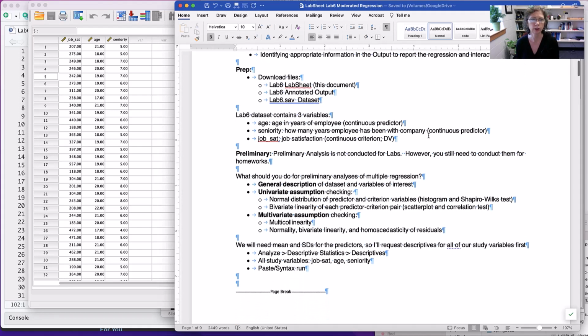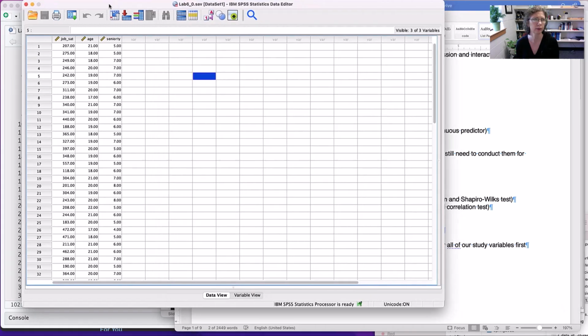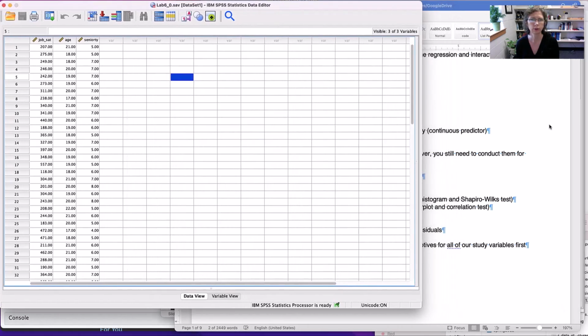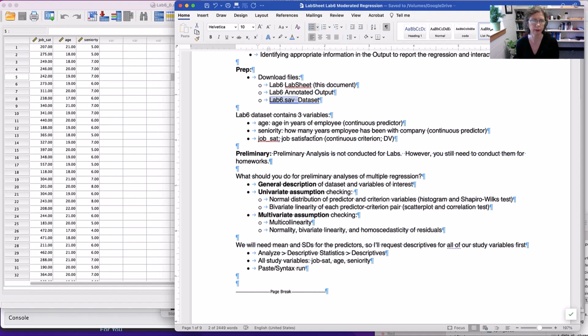You need your lab sheet, which is this document, the annotated output, and the data set called lab6.sav. Now in that data set, there's only 3 variables. There's job sat, age, and seniority. So we're just going to keep it nice and simple here for the lab.